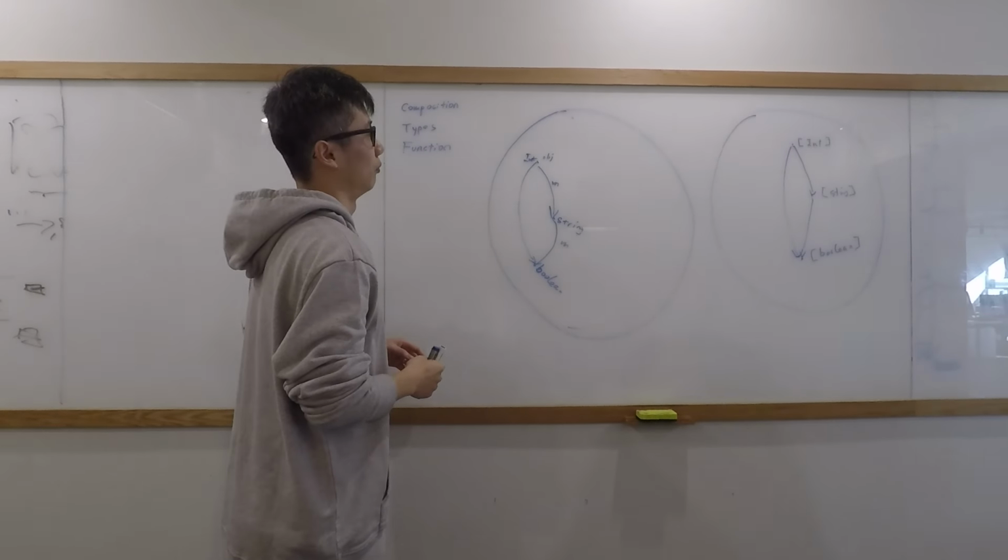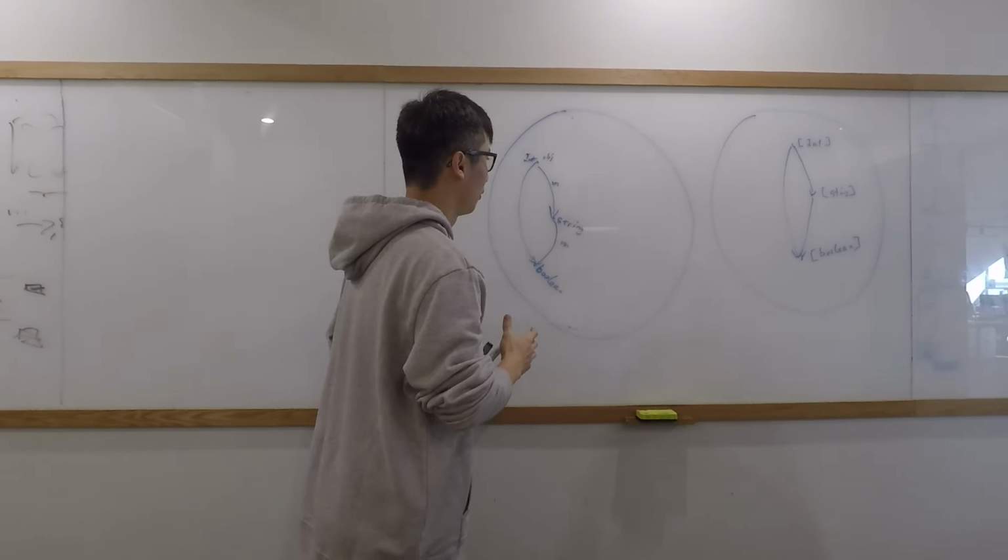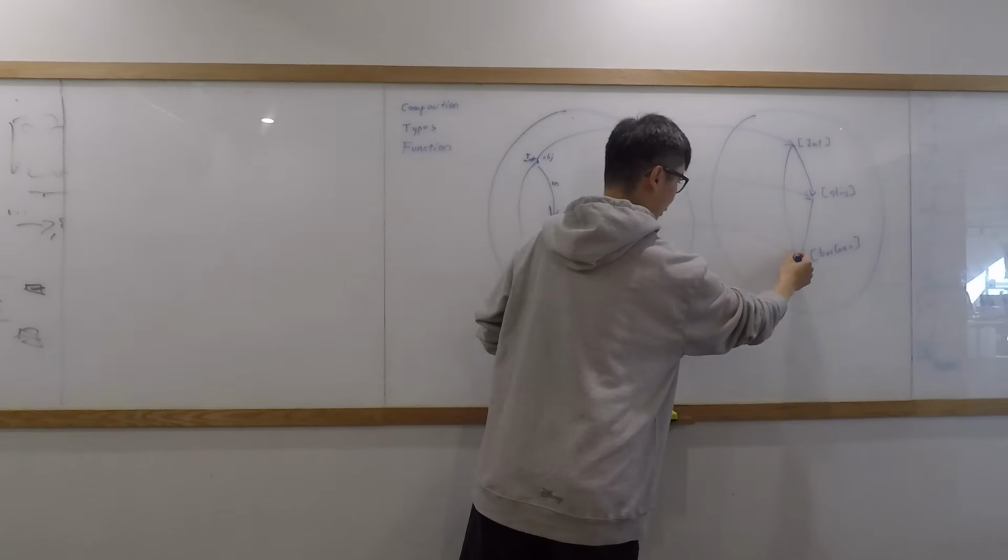Now, let's say we can have a morphism, an arrow, going from this category to that category. It makes sense to say, hey, I map this into that thing, and this into that thing, and this into that thing.